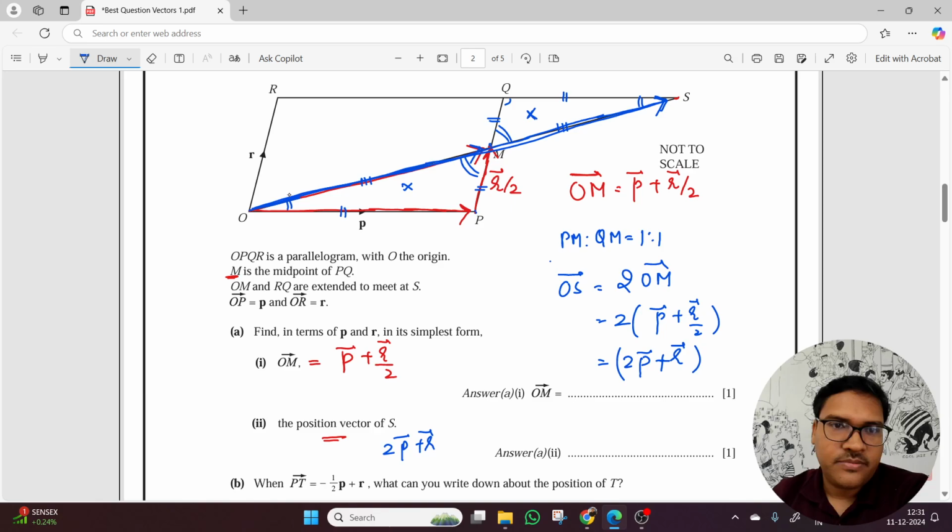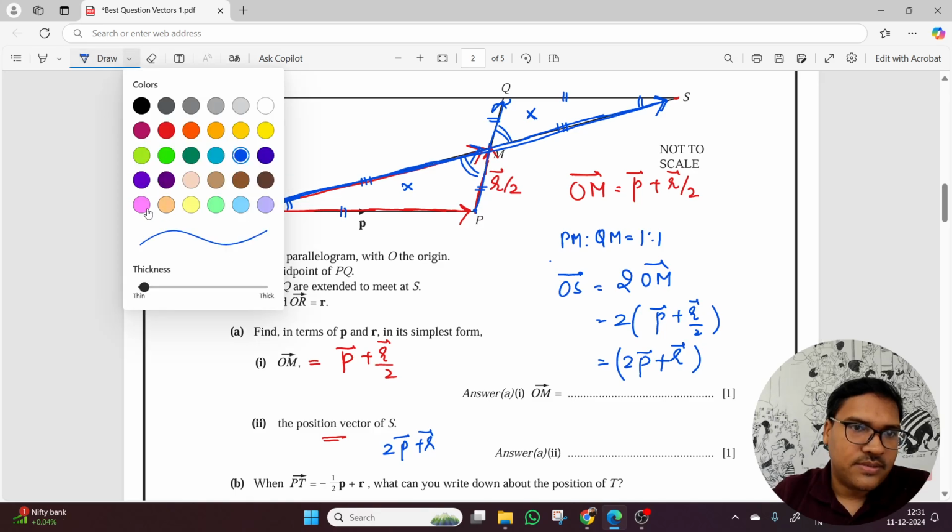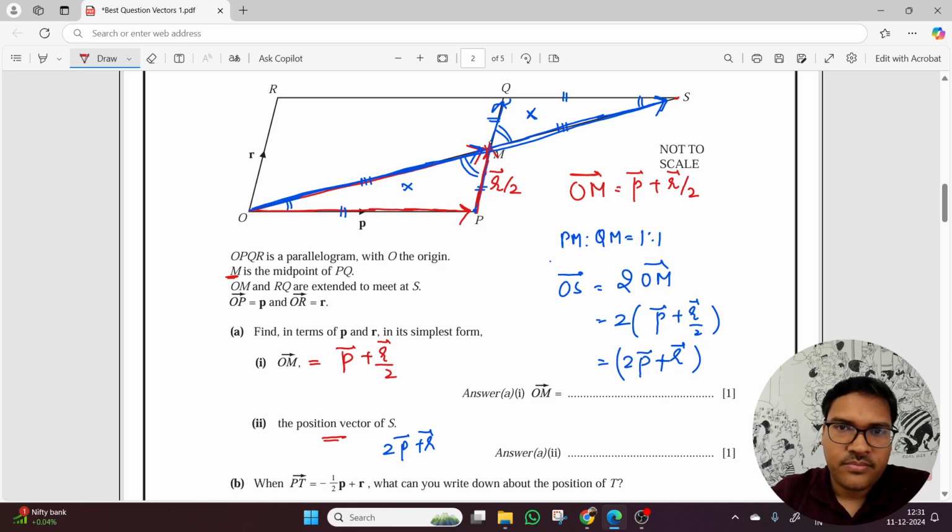This is P. This is the R vector. I hope this is clear why this is the R vector. Let me write this. This is our R vector. Why is this the R vector? Because this is the R vector, this is the R vector.